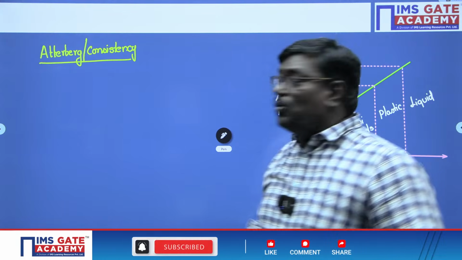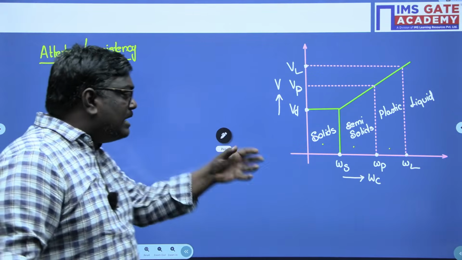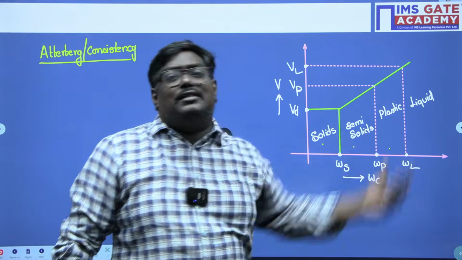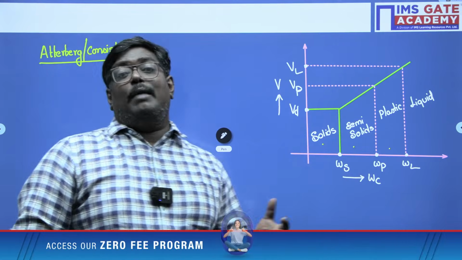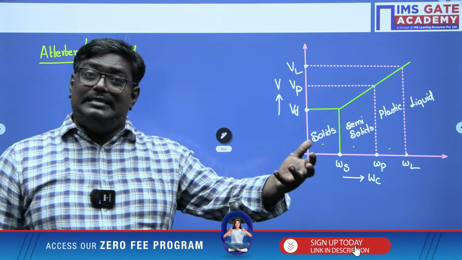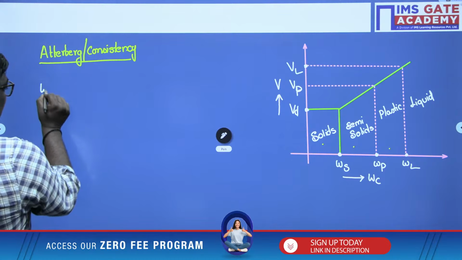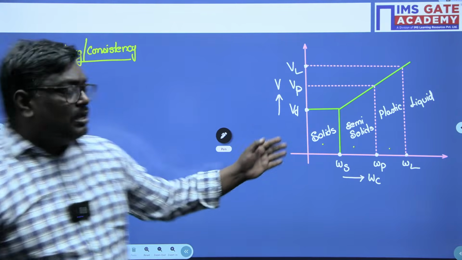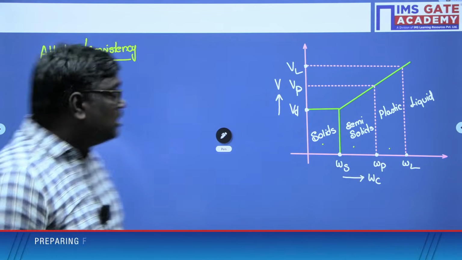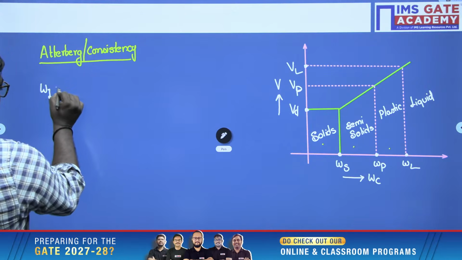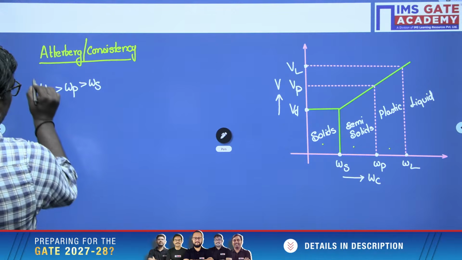Looking at the diagram, as you move towards the right, the water content increases. So basically, liquid limit is greater than plastic limit, which is greater than shrinkage limit.